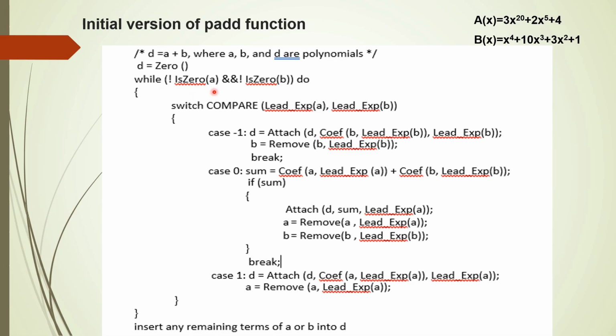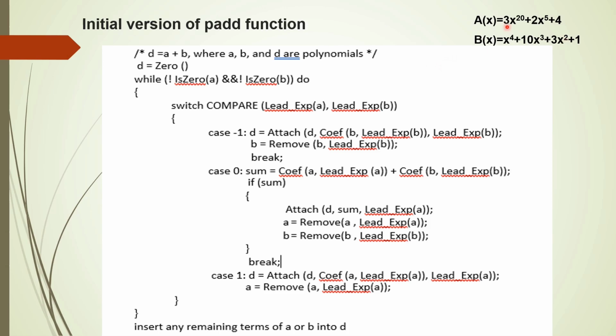Before adding the terms of polynomial a and polynomial b, you have to check whether polynomial a and polynomial b have more than 0 terms. So the COMPARE-to-zero function, Coef-zero, will check whether polynomial a has more than 0 terms and polynomial b has more than 0 terms.